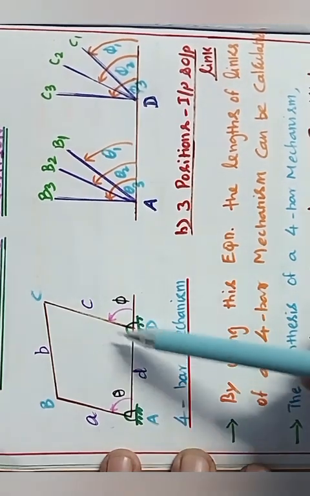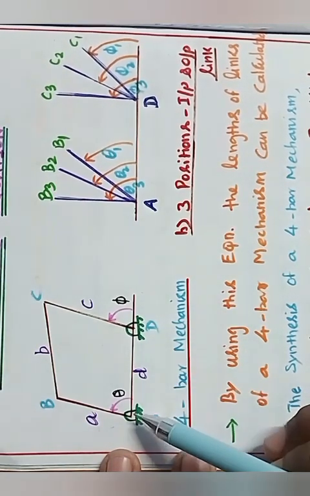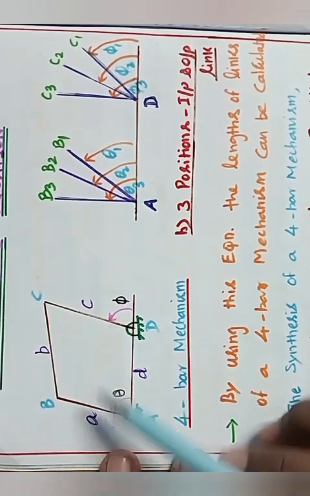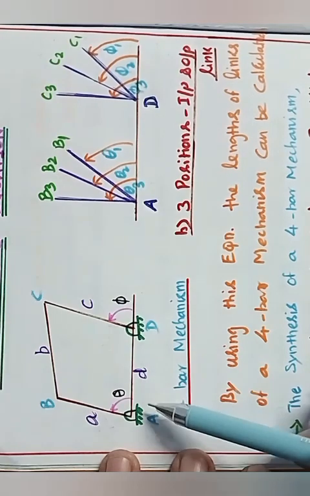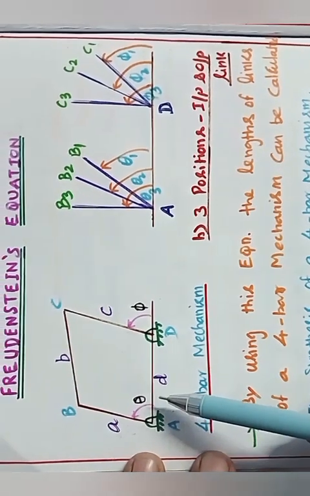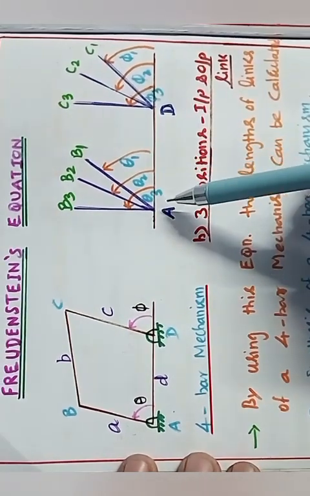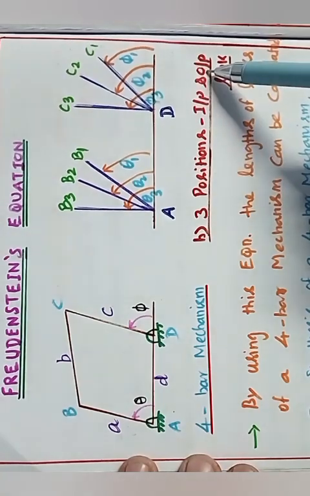Now you see the 4-bar mechanism. The input link is A and output link is C, which means crank and rocker, B is the coupler and D is the machine frame. So theta is the input angle and phi is the output angle. And also the three different positions of the input corresponding to output links.